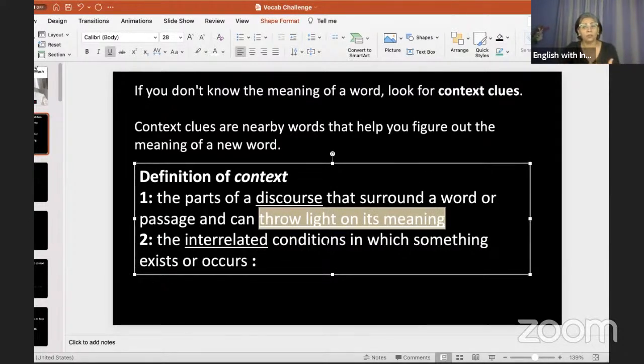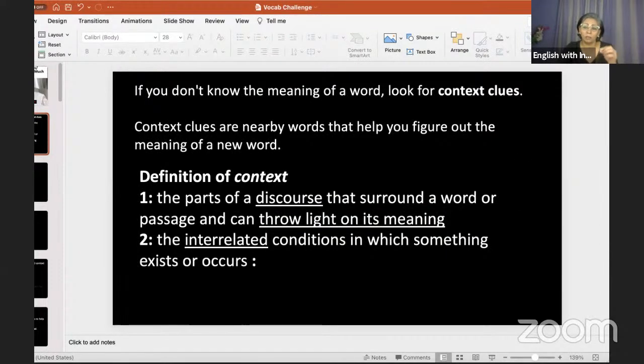That will give you an idea. It will give you a hint about what this particular word means. Again, I'm telling you, it's not that every time you need to know the exact vocabulary word, but you can make your own definition based on your own understanding.